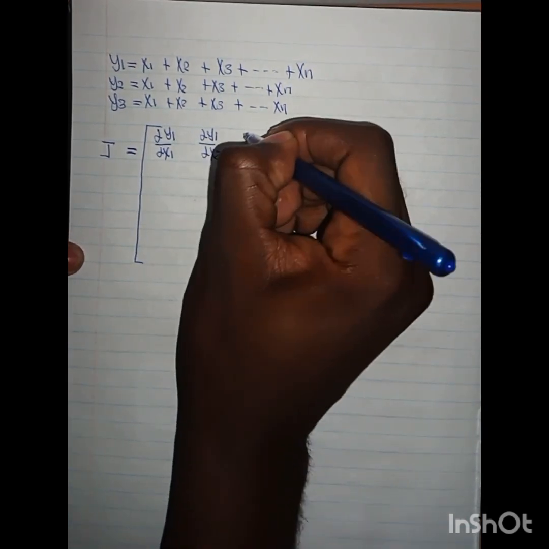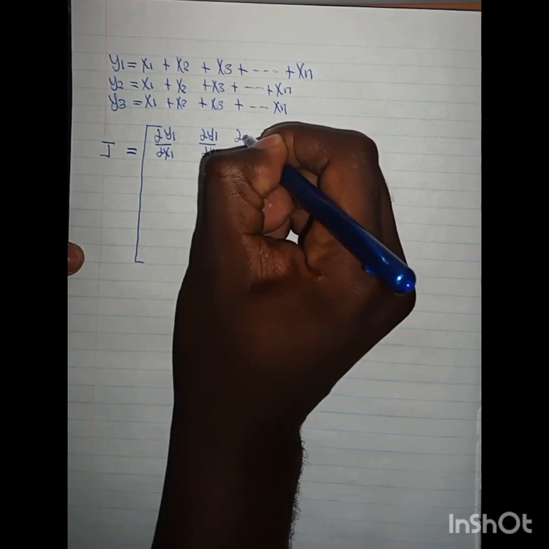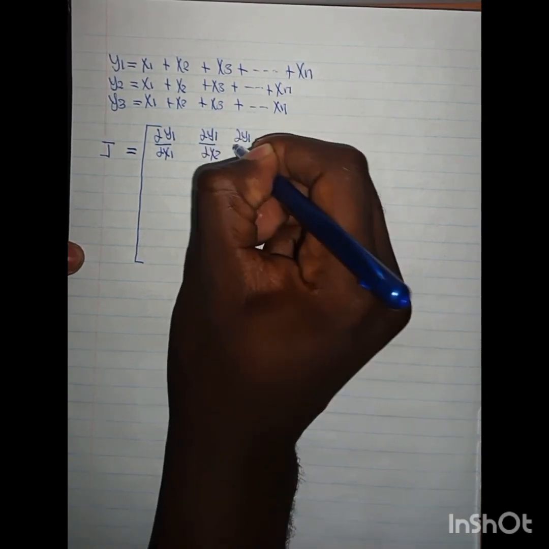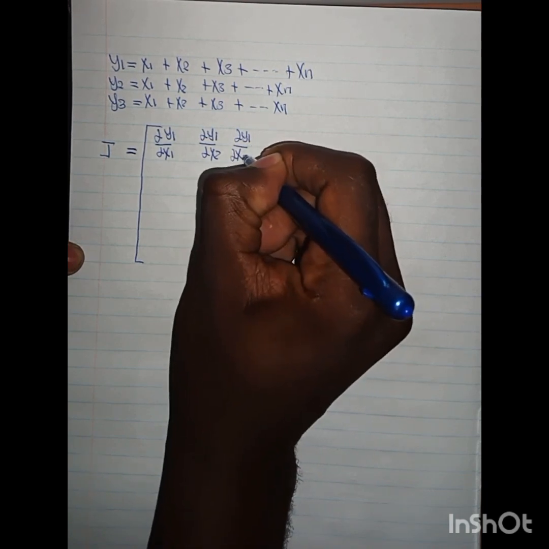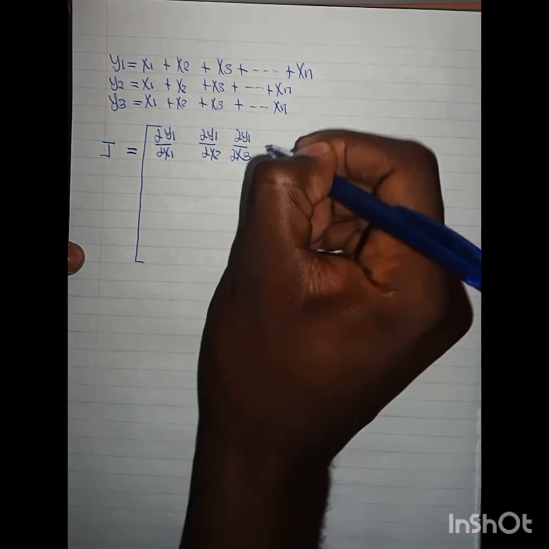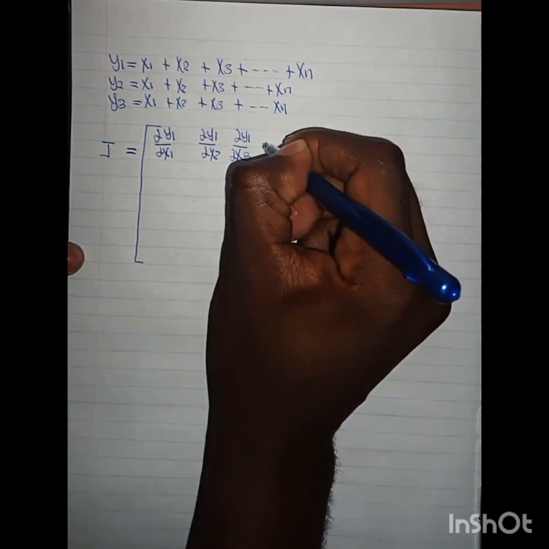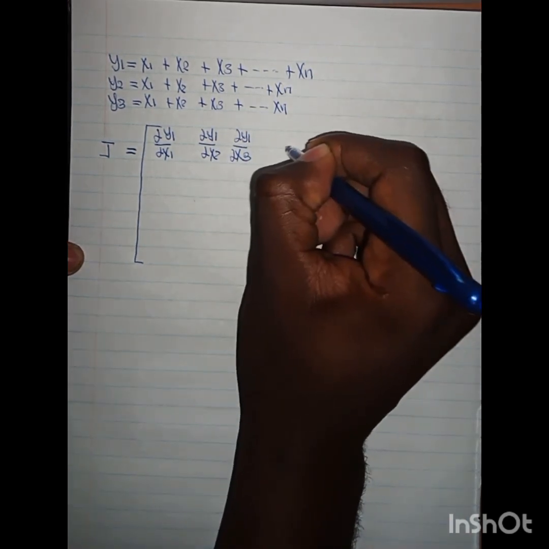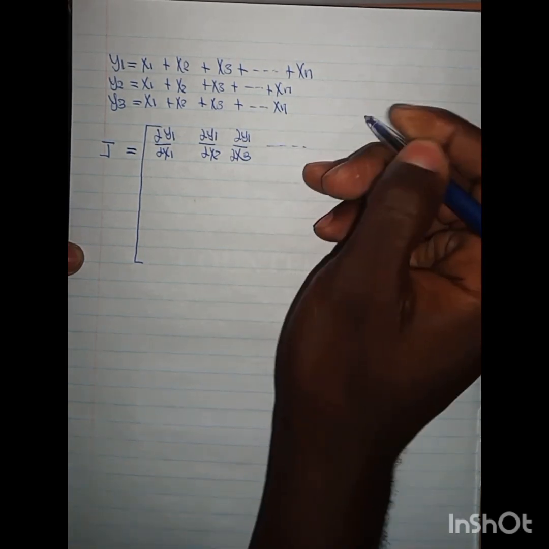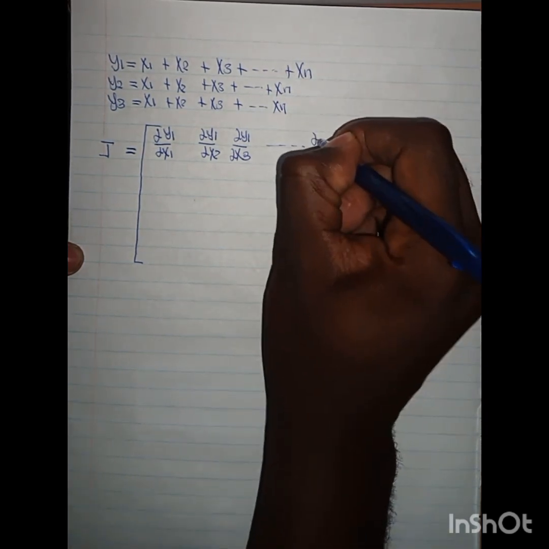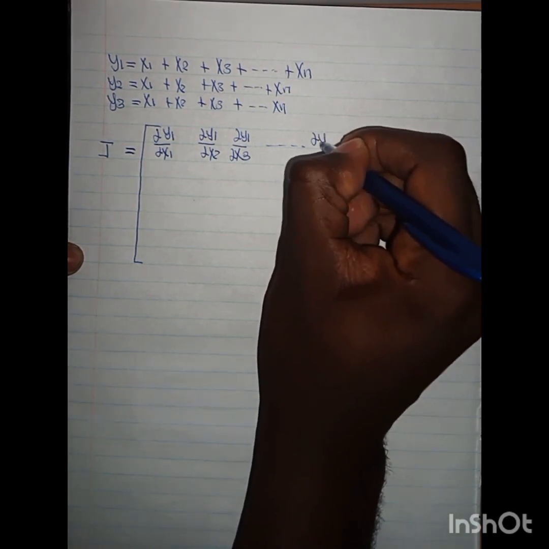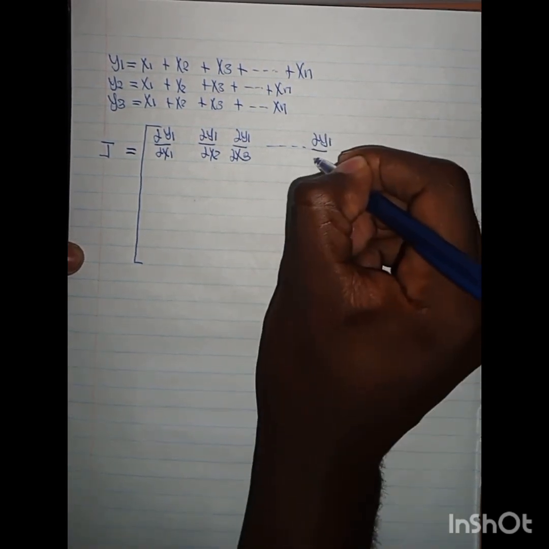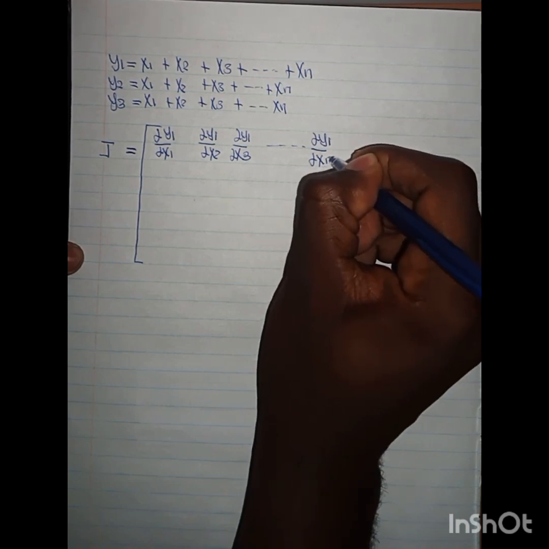In the third column, the derivative of y1 with respect to x3. This will proceed up to the n-th column, where we have the derivative of y1 with respect to xn.